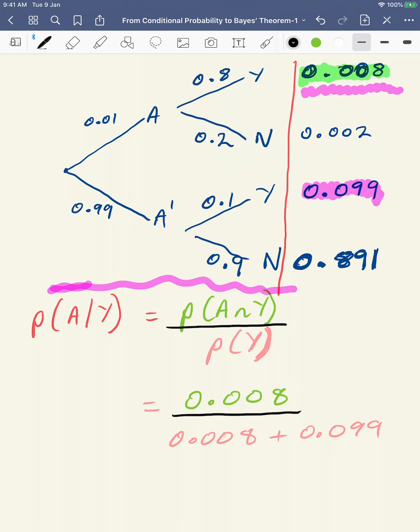The full notation is this, that this 0.01 here is P of A, obviously. And this 0.8 is actually P of Y given A, okay? So this 0.008 at the end in grade 9, 10 style, that would be has allergy and is tested positive, okay?